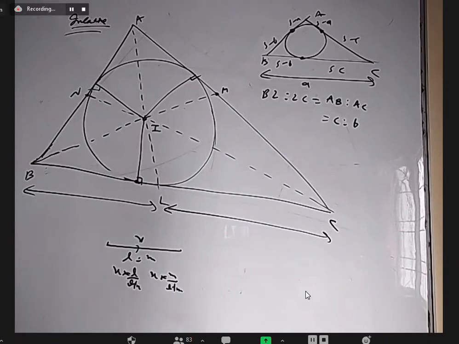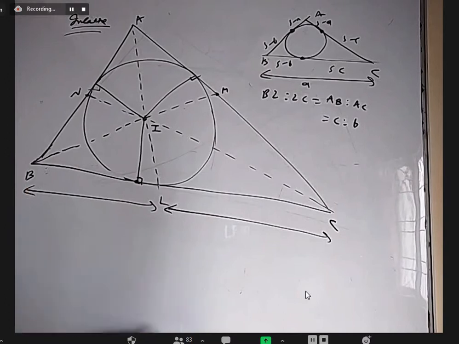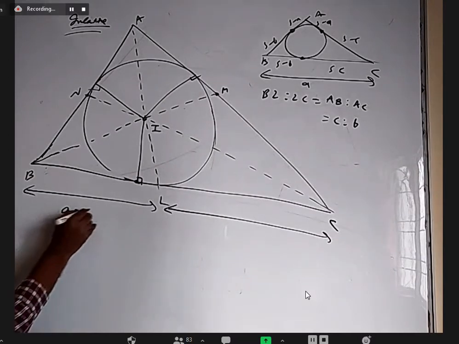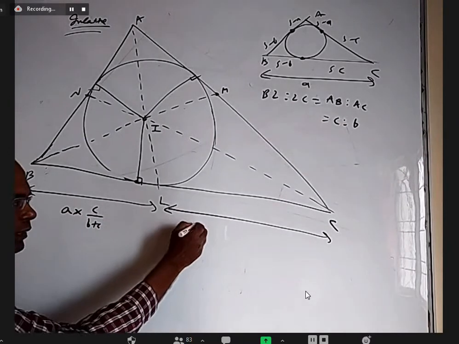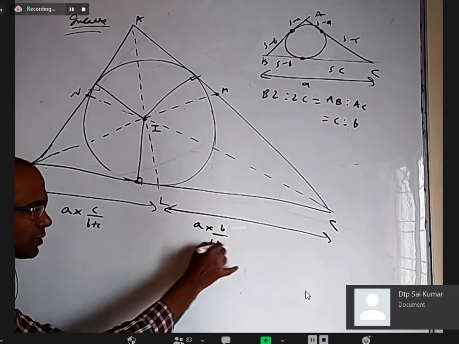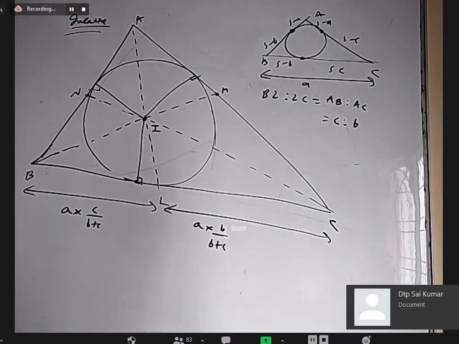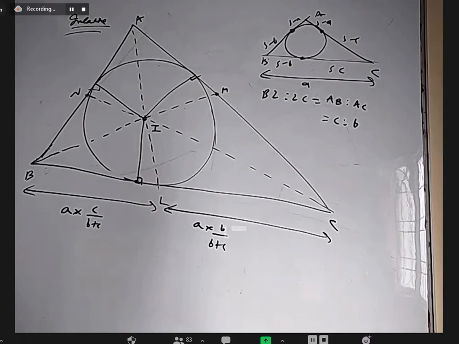Yes, sir. Now tell me what is BL length and LC length. Sir, a into c by b plus c. Yes, this will be a into c by b plus c, and this will be a into b by b plus c.